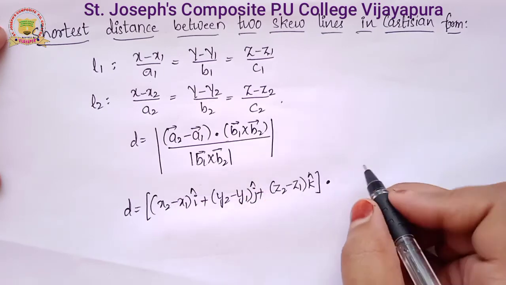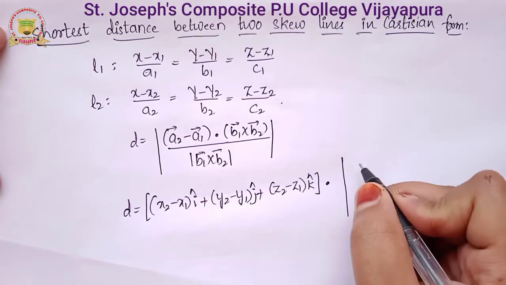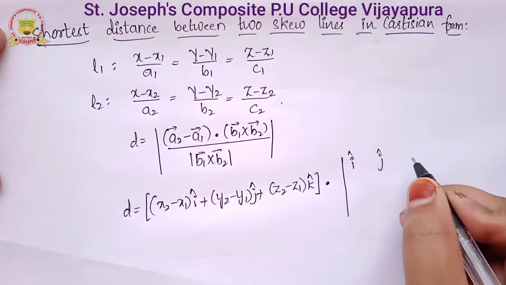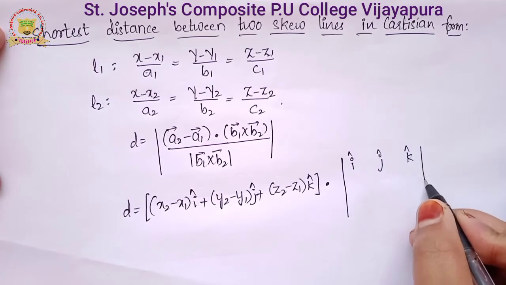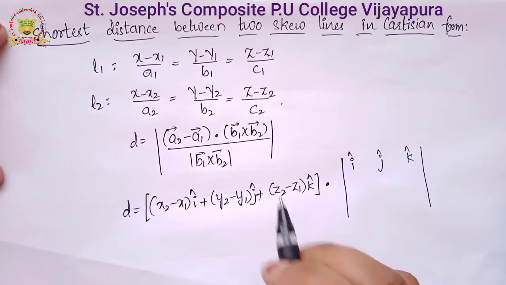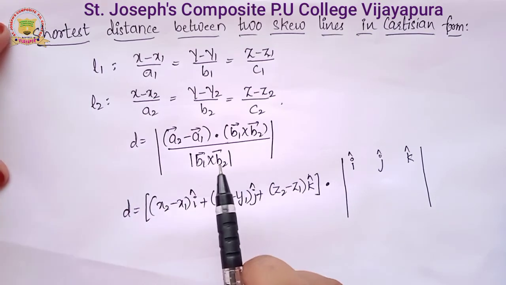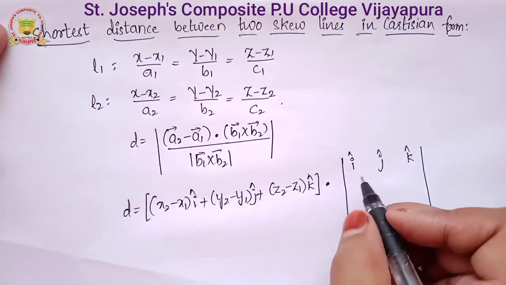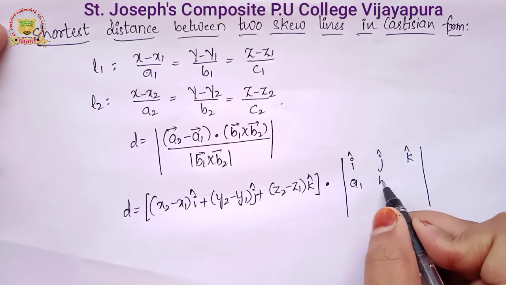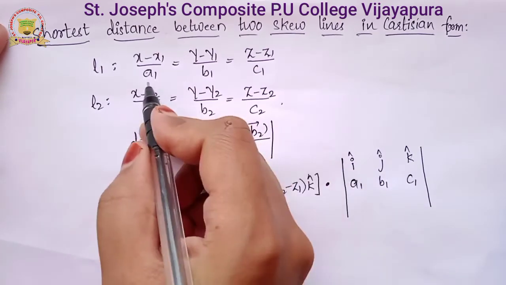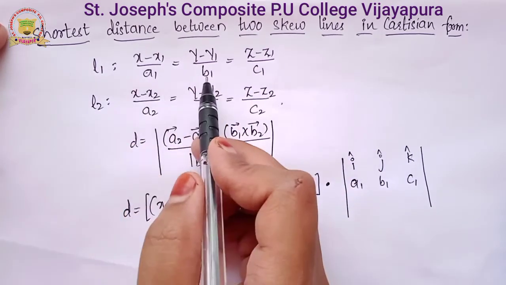It is the determinant of i, j, k, which you always have to write, and this b1 as a1 b1 c1, the vector b1 as a1i plus b1j plus c1k.